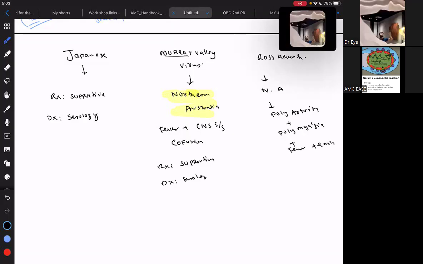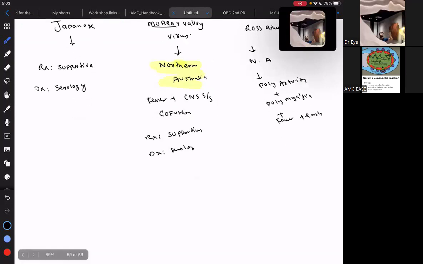So any patient who has a history of travel to northern Australia and now comes with polyarthritis, polymyalgia, fever, and rash, they go to Ross River. Treatment is supportive. Incubation period is 7 to 9 days, or sometimes we say 3 to 21 days. Diagnosis is done by serology.